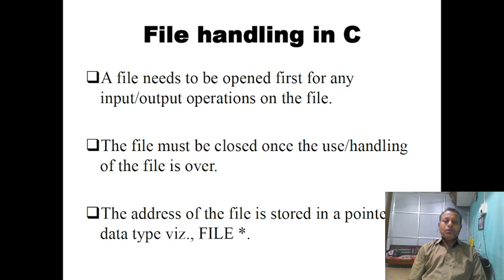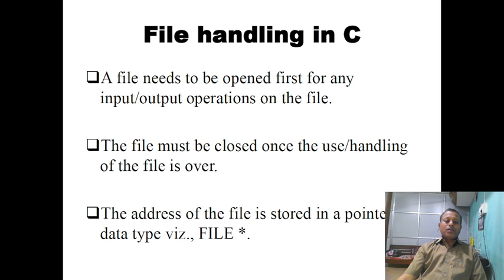Now, in file handling, there are a few things to remember. First of all, whenever an operation is done in C programming, the first step is to open the file. The second step is that the file must be closed once the operation is done.